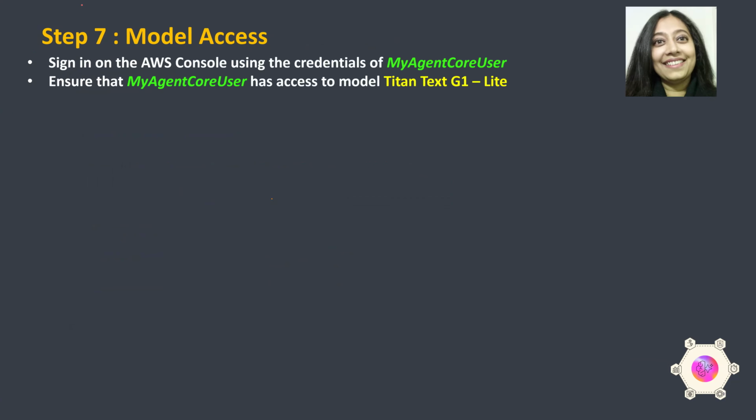Now step 7, we need to ensure that our user has access to our model. So if you remember, when we created the user, we gave it access to the AWS console. So what we will need to do is log in through a console and then check if this user has access to this model.